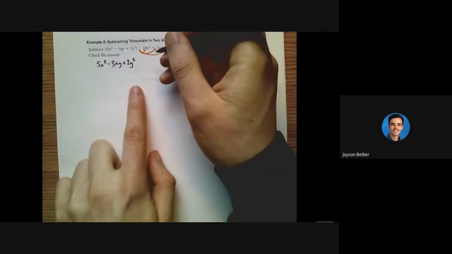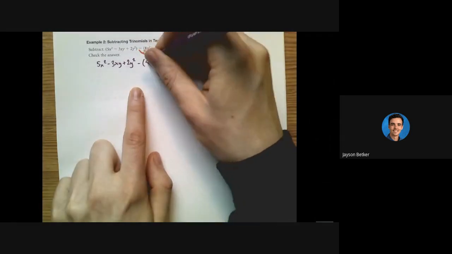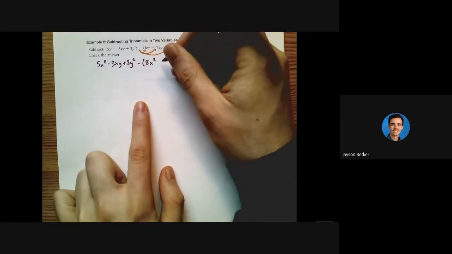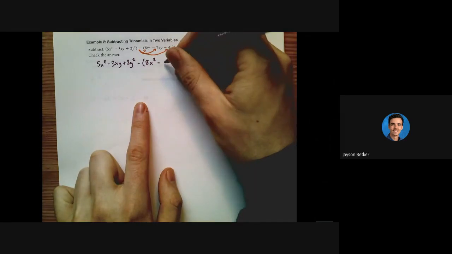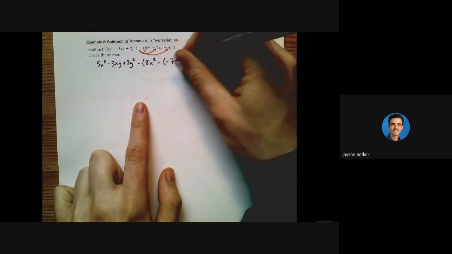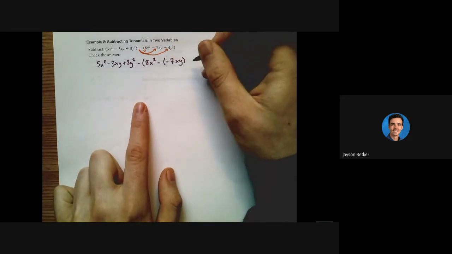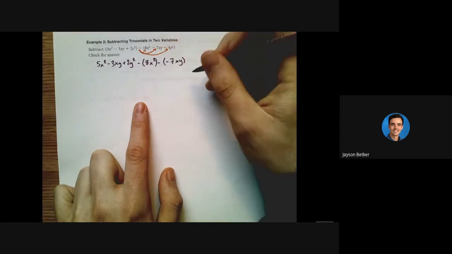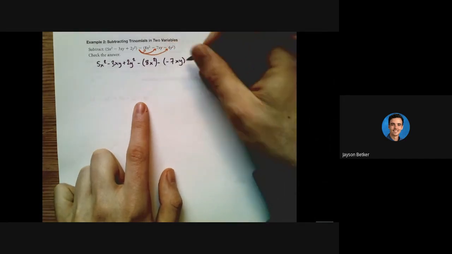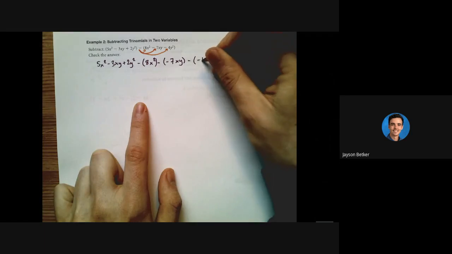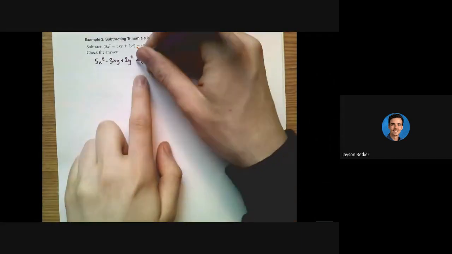And then we'll put this negative in front of the 8x squared, and then minus, and we'll put the negative in front of the 7xy. Sorry, that bracket needs to go there. And then minus, minus again, minus 4y squared. So we moved that negative over here, so that makes this a positive, and that negative is right there now. There we go.